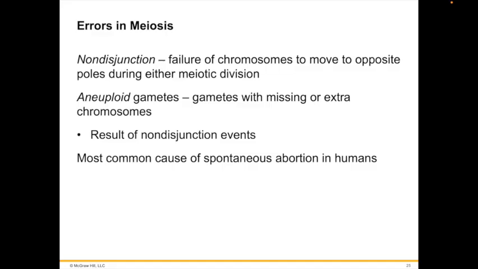Gametes with an improper number of chromosomes are called aneuploid gametes, and the condition is referred to as aneuploidy. In humans, this condition is the most common cause of spontaneous abortion. Implications of aneuploid gametes are explored in further detail in Chapter 13.